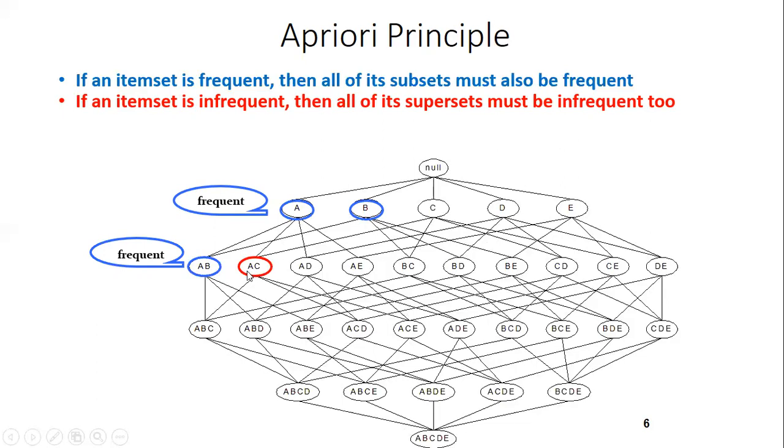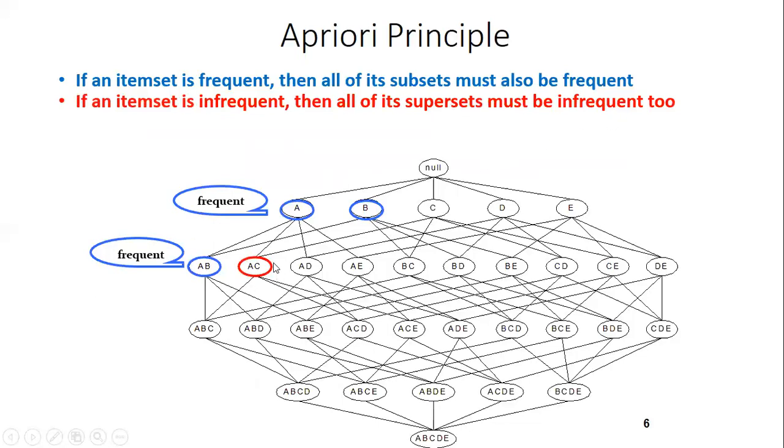If the customer purchases A, then very rarely does the customer also purchase C. That means the support of AC will be less than the minimum support. So when we consider infrequent, we always have to look at the supersets, not the subsets. The supersets must be infrequent also.